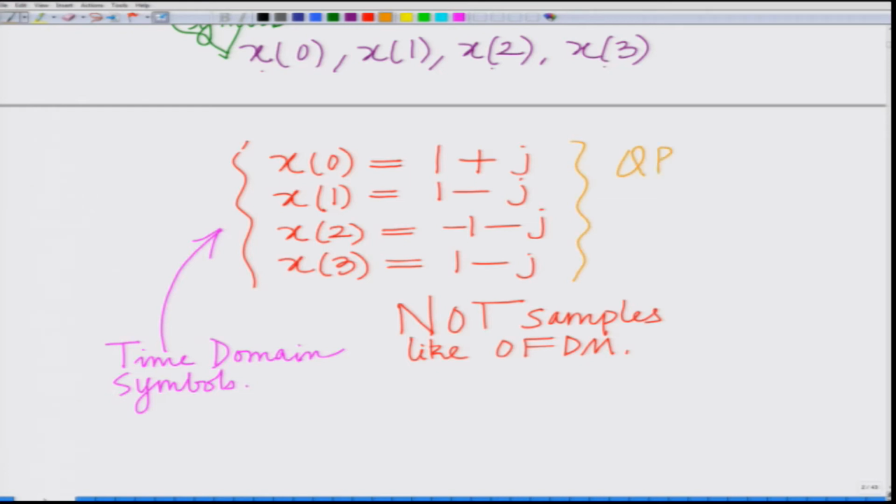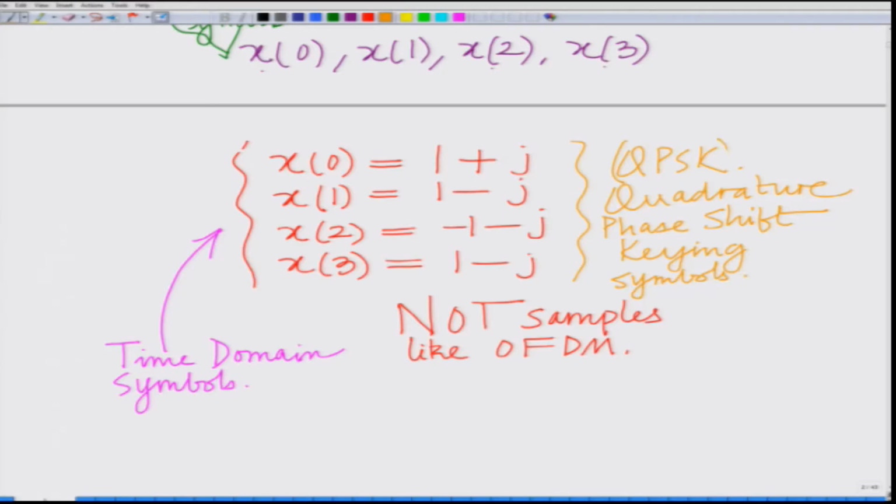QPSK is quadrature phase shift keying, if you are familiar with communication. What is quadrature phase shift keying?